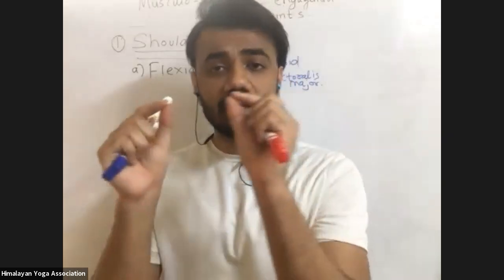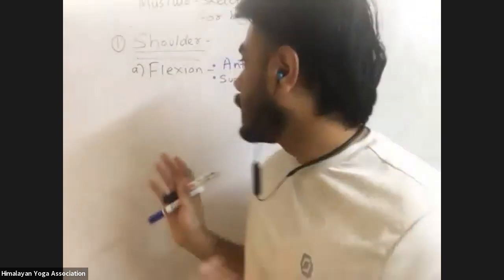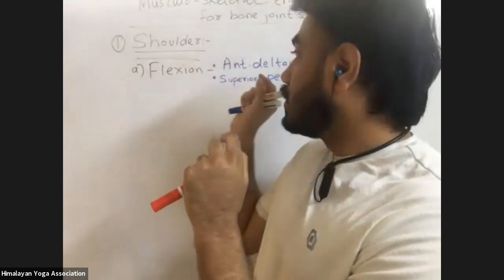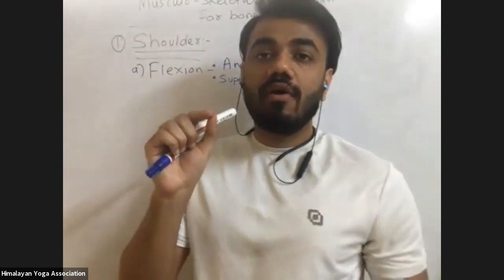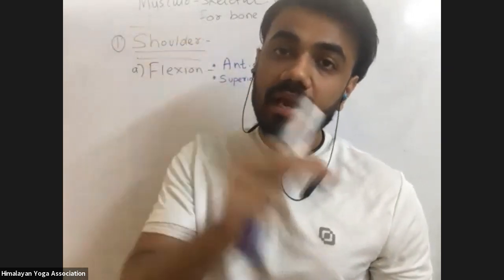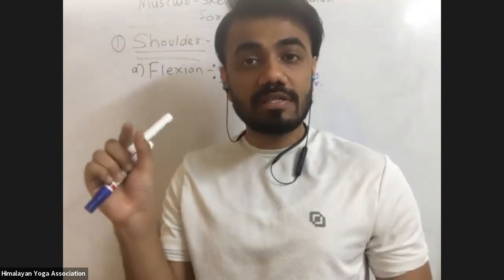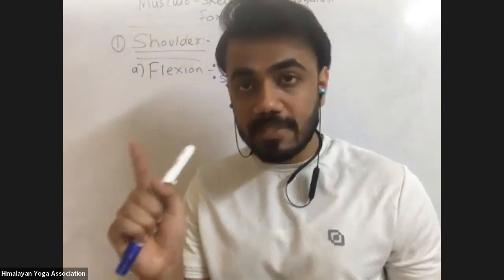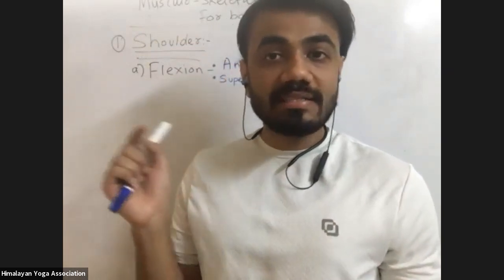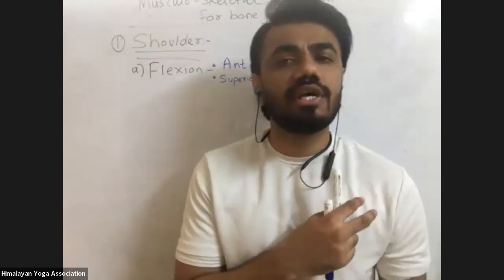What is the starting point and ending point? Even if you don't remember anything else, always remember that the point where the muscle gets inserted, where the muscle ends, is the point of insertion, which helps the part of the body to move, not the starting point. The starting point is the resting or initiation point.